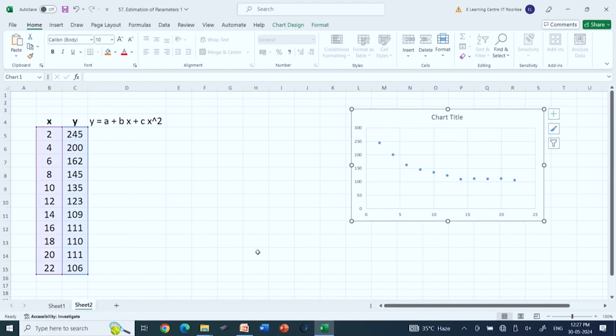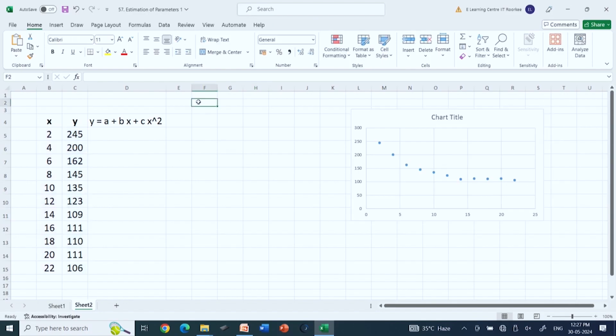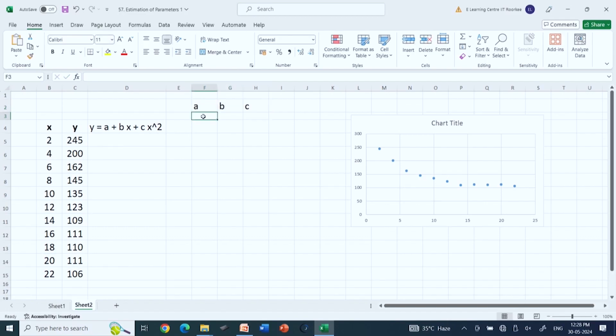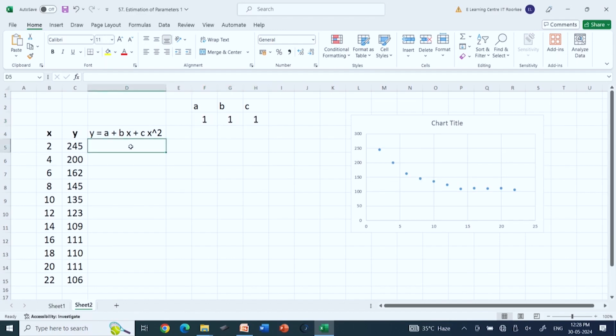What you have to do now is put the values of a, b and c here. Some arbitrary values you have to put. Say I put them to be 1, 1, 1. So, I assume that the curve is of the form y equal to a plus bx plus cx square, and I calculate this value.